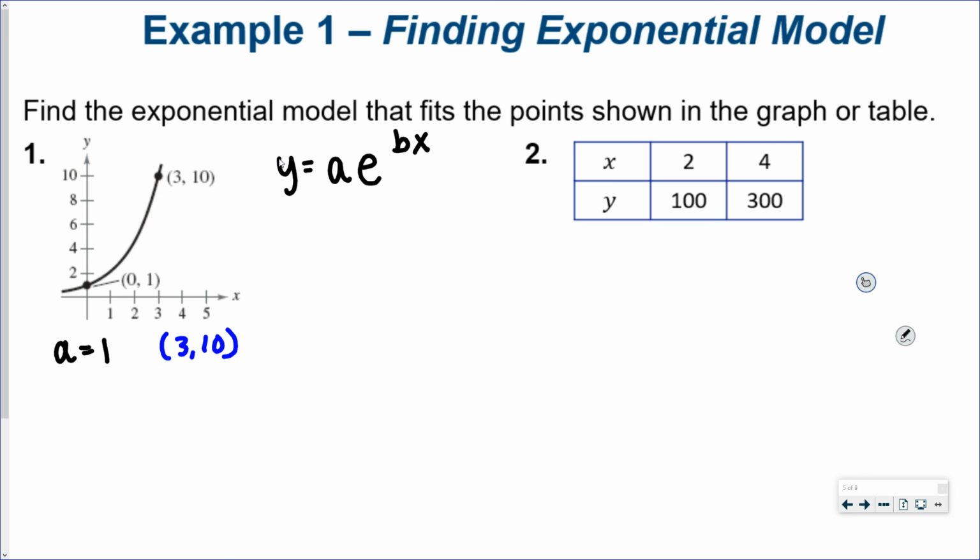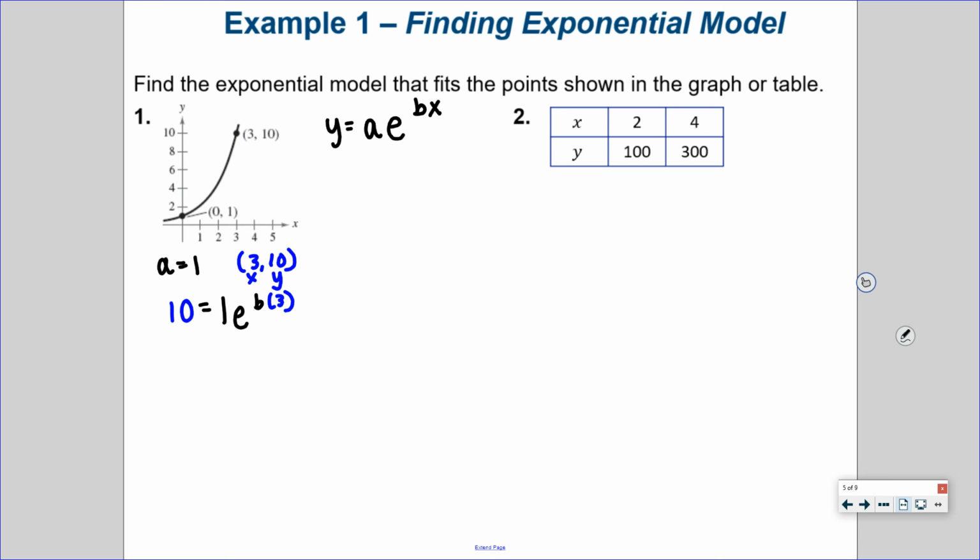I'll take my model and plug in this point, just like you do with lines, where y is 10, A is 1, e to the b, x is 3. So we know that value, and now we can figure out what b is in order to write our model.